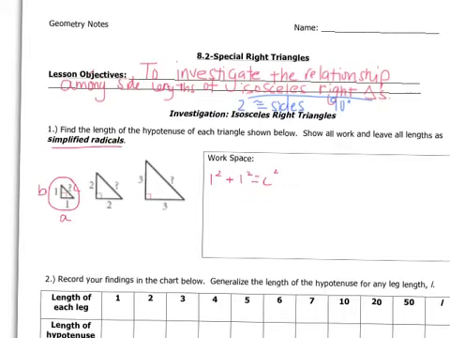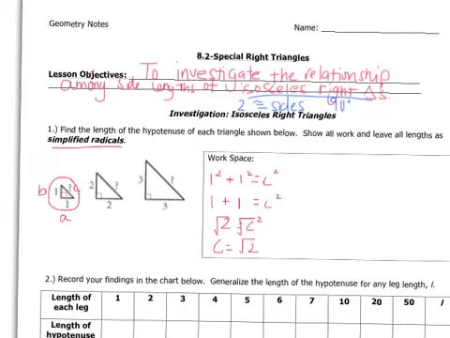That 1 squared is still just 1. I can add those together, so 2 equals C squared. And then to get C by itself, we take the square root. So the length of C is radical 2. There's actually nothing that we need to simplify on that one.